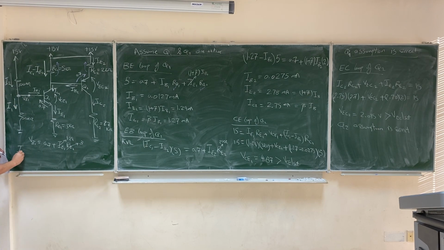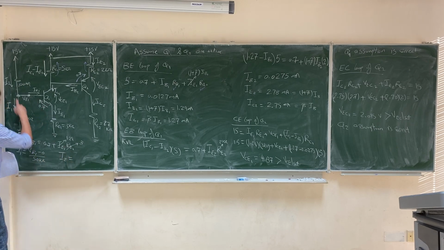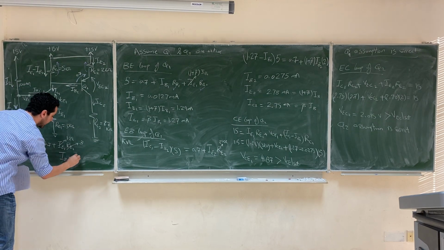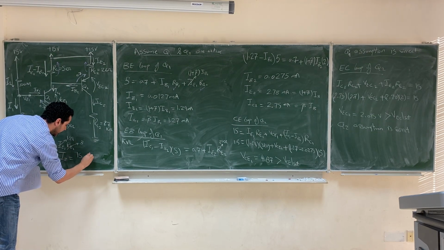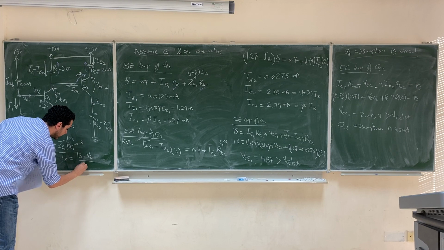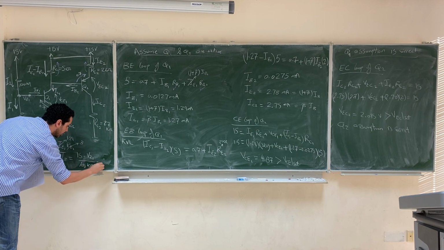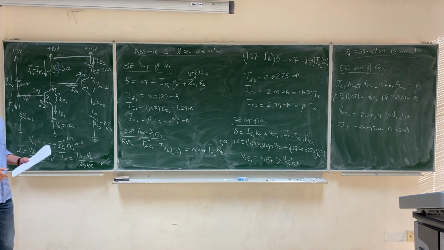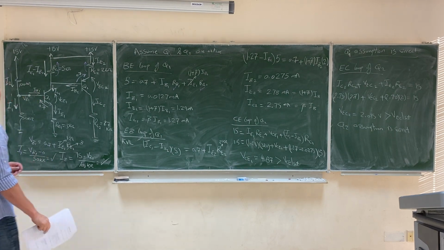I1 equals VB1 minus 0 over 50 kilo, and I2 equals 15 volt minus VB1 over 100 kilo ohm. So you can calculate everything about your circuit, and it is confirmed that both transistors are in the active region.